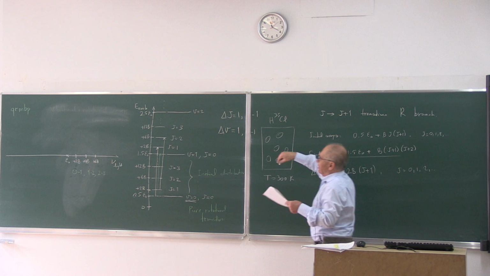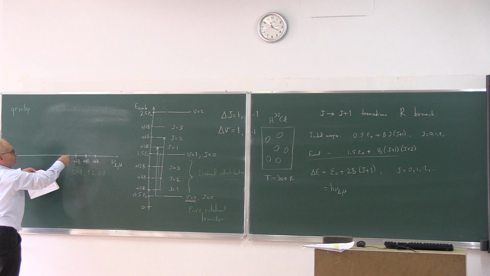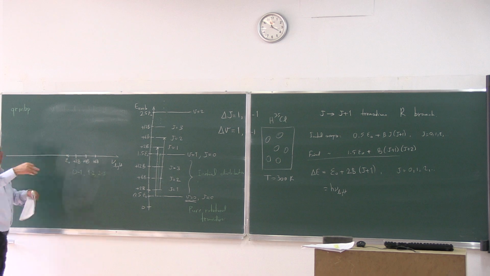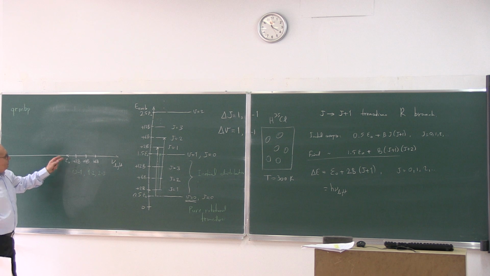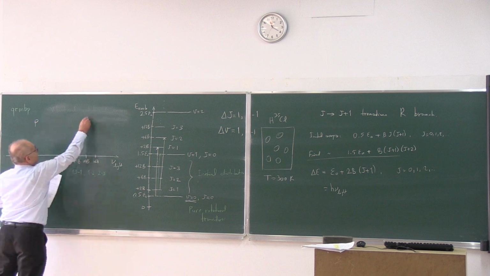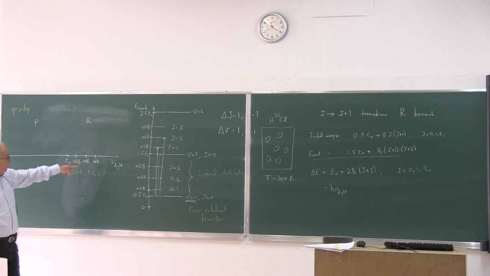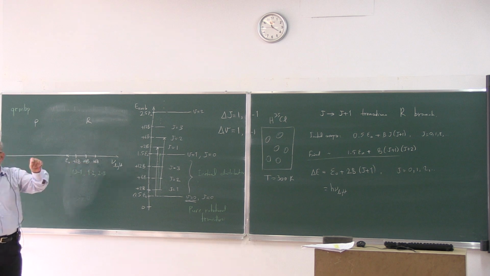You see, the photon frequencies are classified in two types. One type have frequencies larger than F0, the other type have frequencies smaller than F0 on this side. And PR, alphabetically, PR, but please note that the increasing direction is frequency.